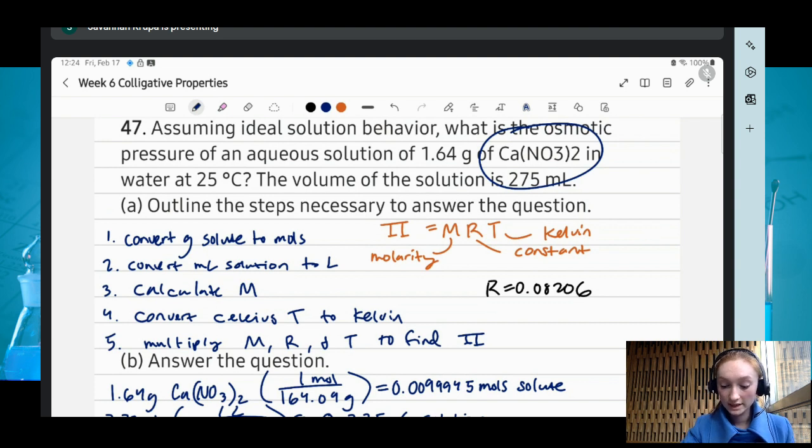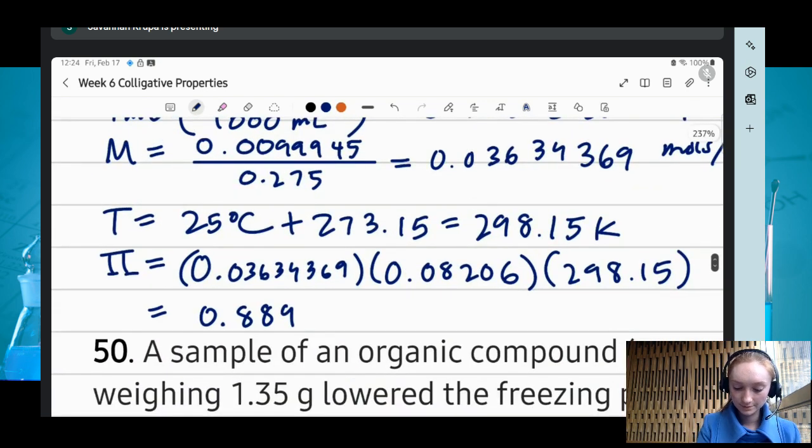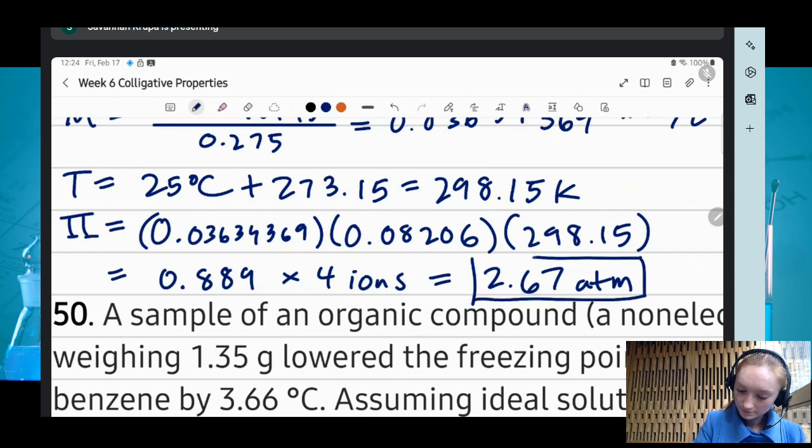We will need to multiply it by that to account for the fact that it has dissolved particles in its solution. So we will multiply it by, I have 4, and that is the correct answer, so we will have 4 ions, and because of that we will get a final answer of 2.67. Okay, there we go.